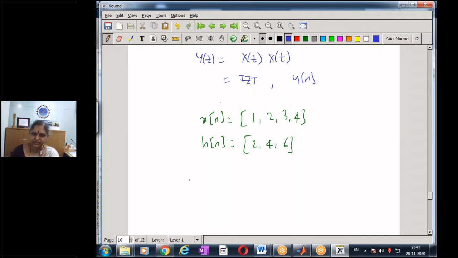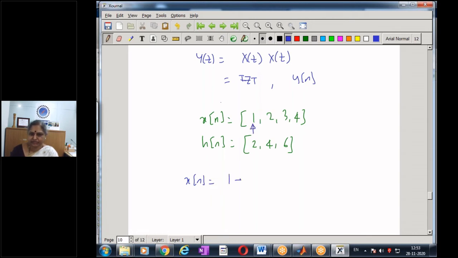So I have my sequence x of n, and what is my X of z? I can identify my input x of n as 1 2 3 4, where the origin is here.